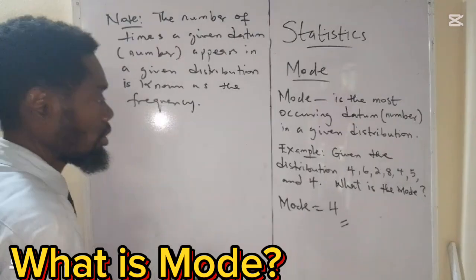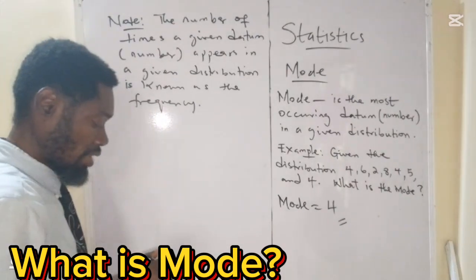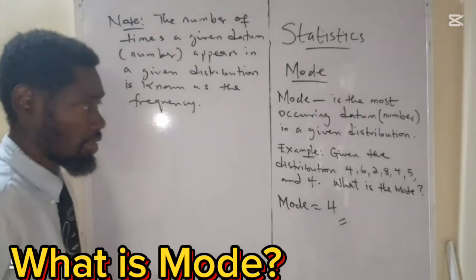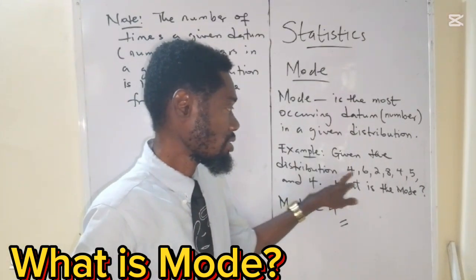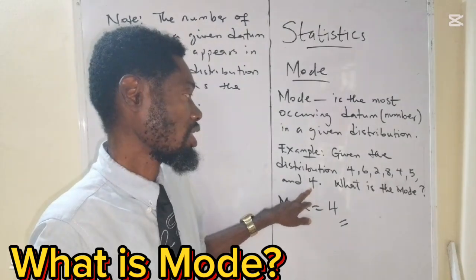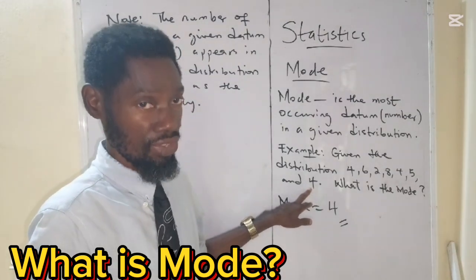So if I ask you what is the frequency of 4, you tell me 3, because there are three 4s here: 1, 2, and 3. So the frequency of 4 is 3.